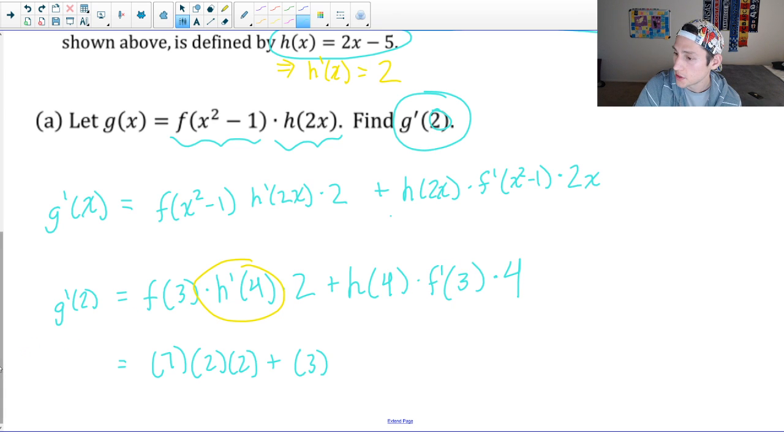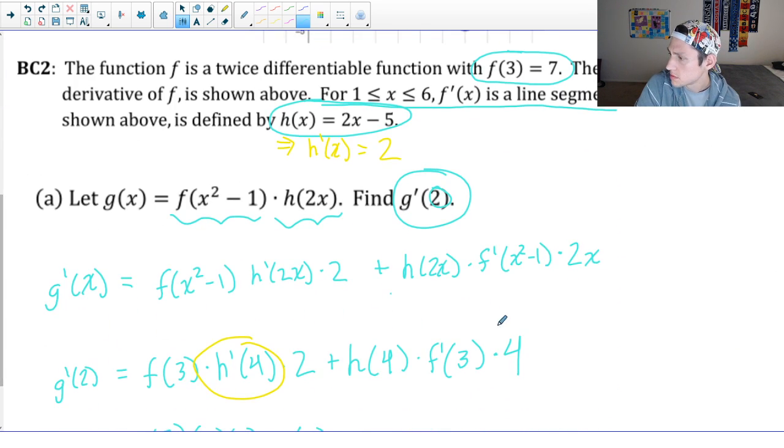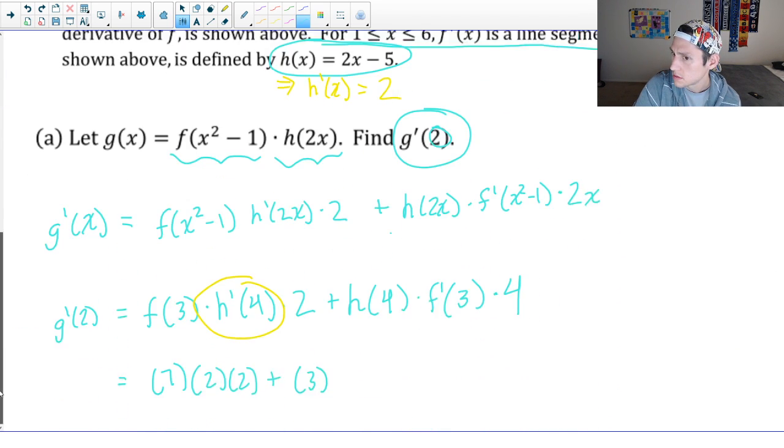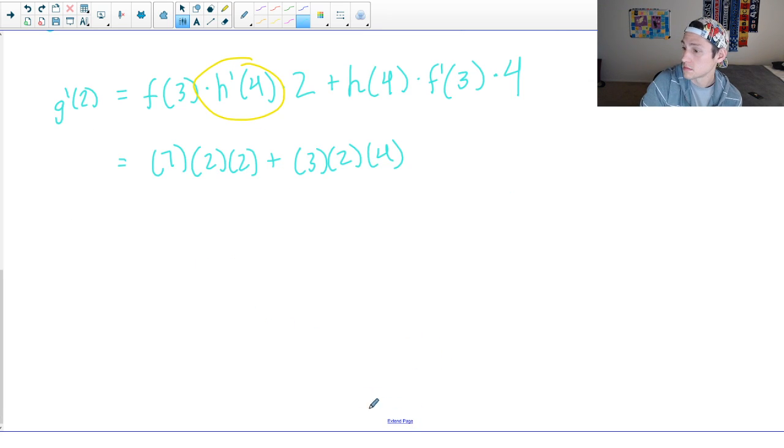F prime of 3. So here's f prime. Here's 3. That would be 2. And then times 4. If this were the AP test, leave this right here.